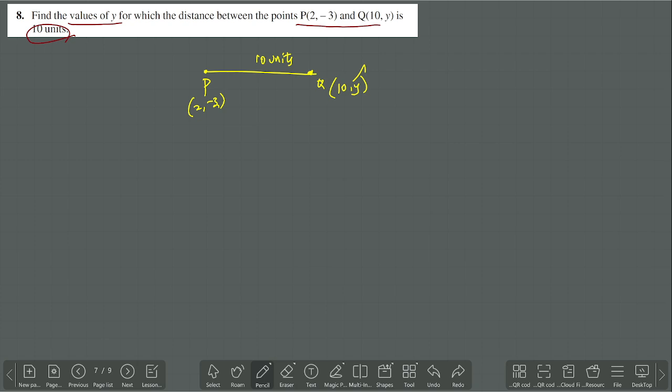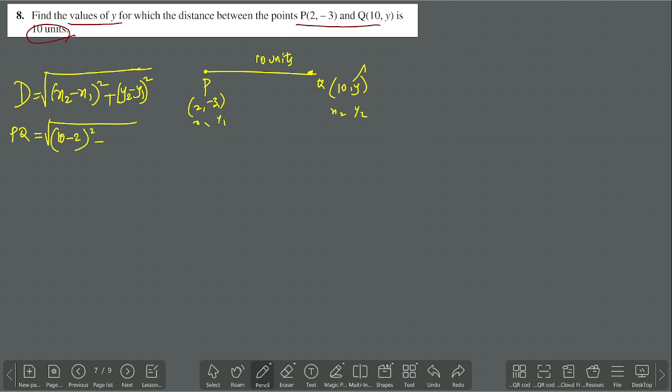So the distance formula we know very well. Square root of (x2 minus x1) whole square plus (y2 minus y1) whole square. The distance PQ, we are talking about P and Q, so x1, y1, x2 and y2. x2 value is 10 minus x1 value 2, the whole square, plus y2 value y minus y1 value minus 3, so minus and minus plus 3, whole square.